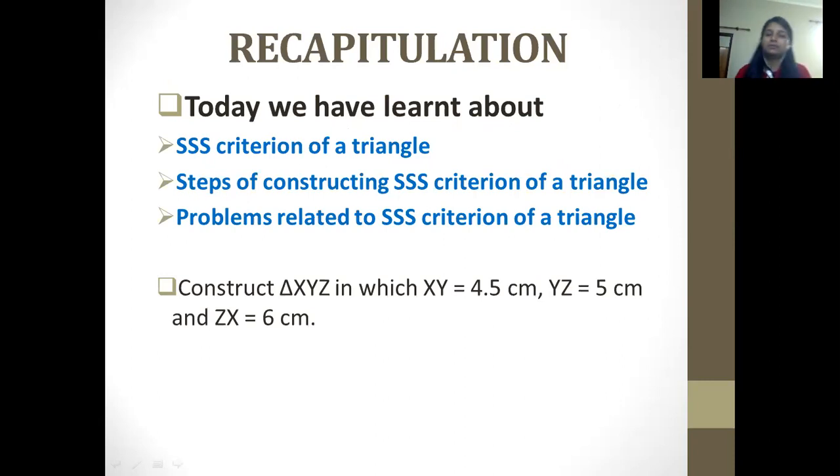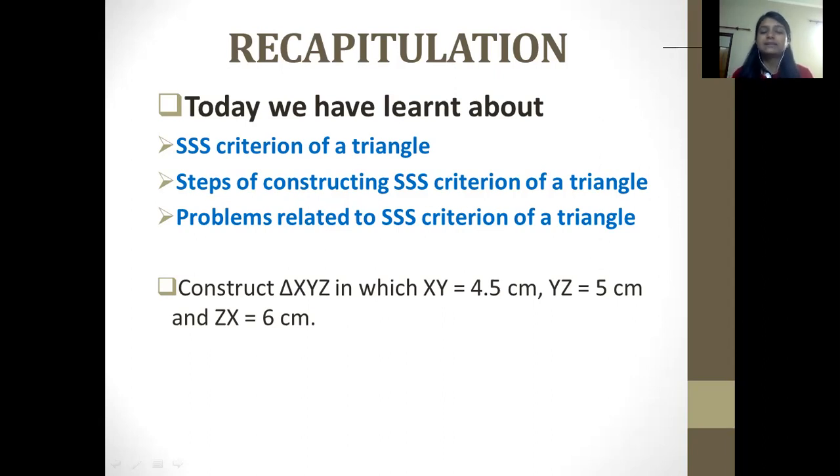Today we have learned about the criteria of a triangle, that is the SSS rule, side rule, where we require all the sides in a triangle, without which we are not able to form a triangle. We need to know the length of each side of a triangle.